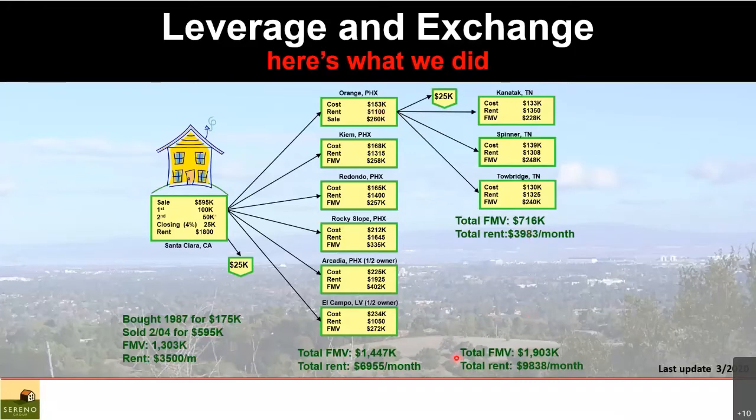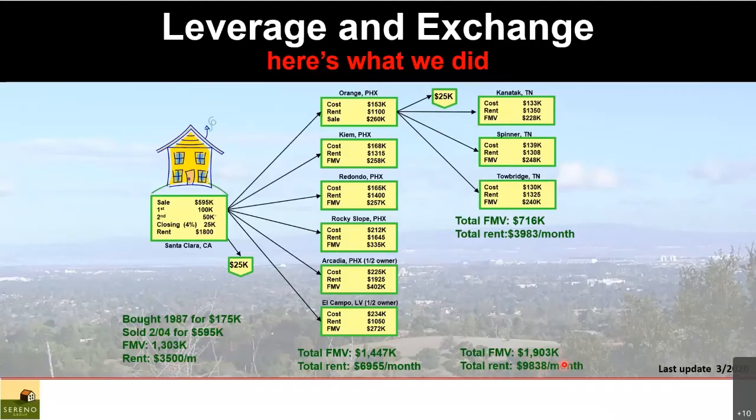So our total portfolio from the sale of a single home in Santa Clara went from today's market value of 1.3 million to a total asset base of about 1.9, and the gross rent went from $3,500 to almost $10,000.